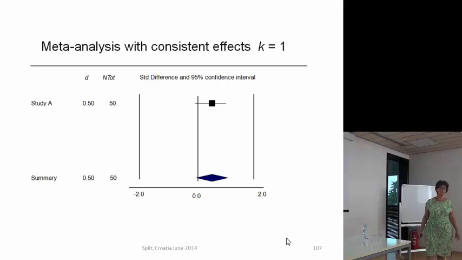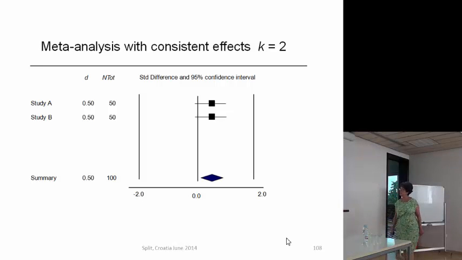It has 50 people in the study, and the study produced a result of the treated group being half a standard deviation better than the control group. This is the confidence interval based on one study, and if for some weird reason we decided to call that a meta-analysis, it would look exactly the same as the one study.